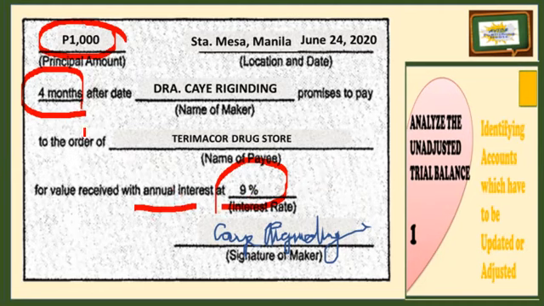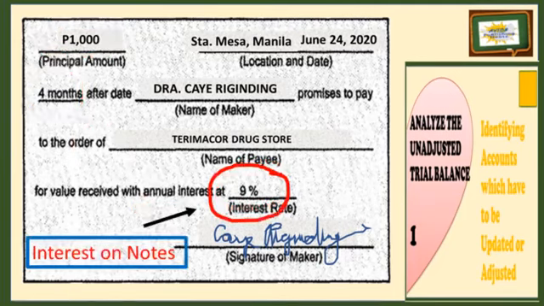Take note of the duration or the period of the note, because this should be computed based on the duration and not on the annual, not per year. So take note of that. 9% per year, but this is only 4 months. How much will be the interest income?